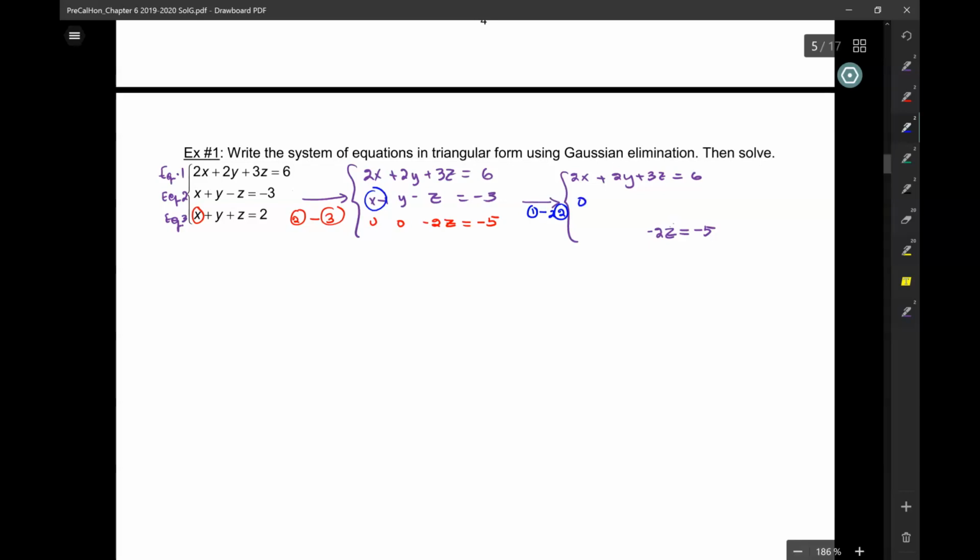Let's do it again. I'm going to write it down. 2y minus 2 times y is what? 0.